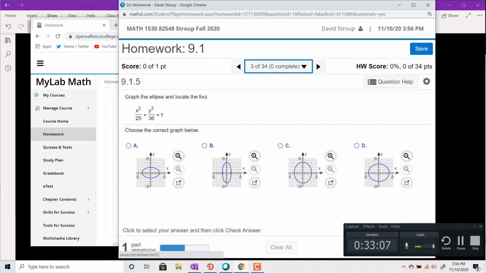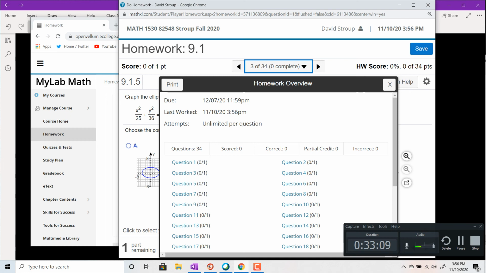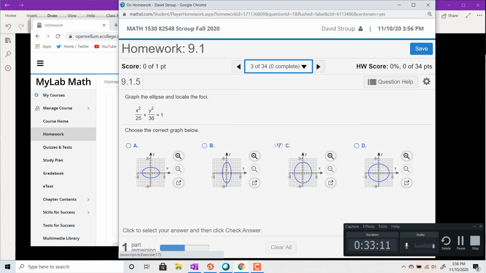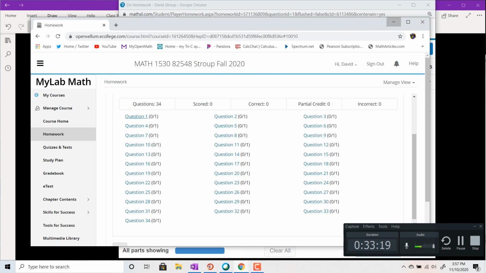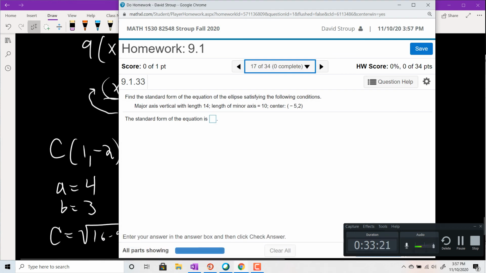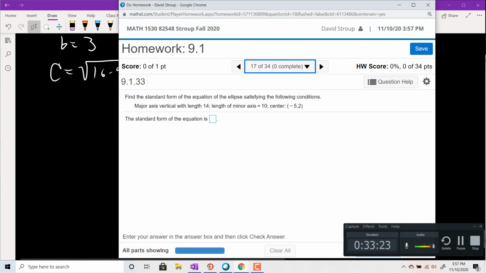So these are just graphing. Okay, that's great. Let's skip ahead a bit, see if they have anything weird. Okay, sure. So here's one that's kind of a story problem. Find the standard form of the equation of the ellipse with the following conditions.